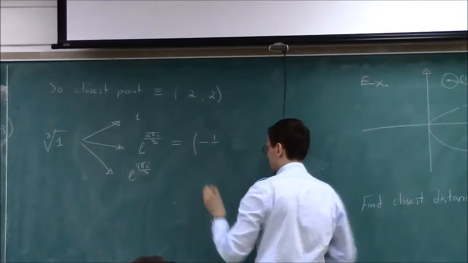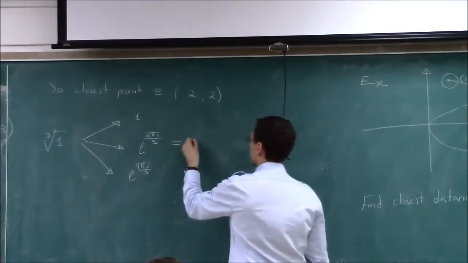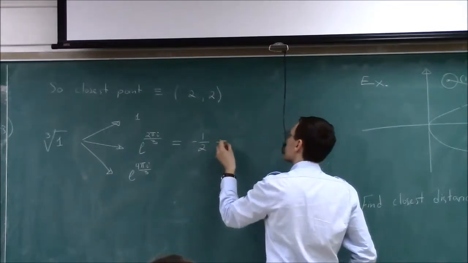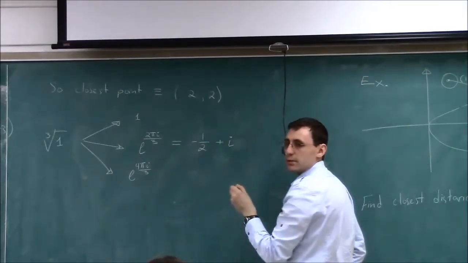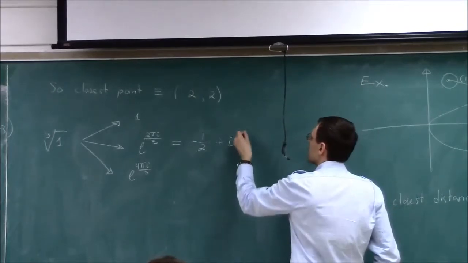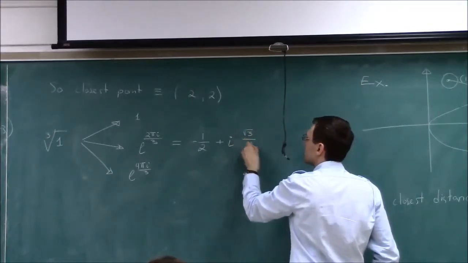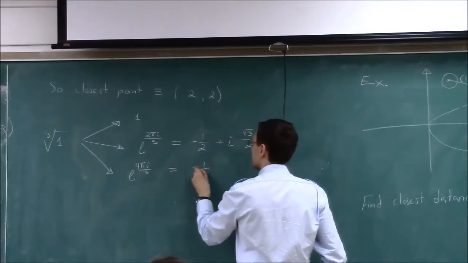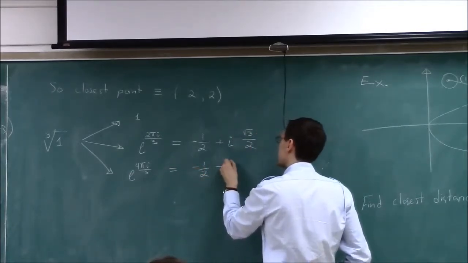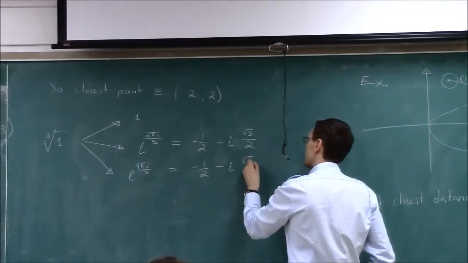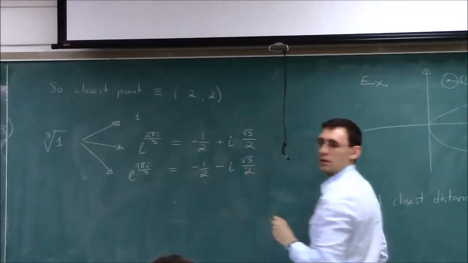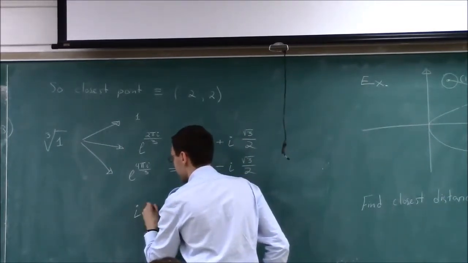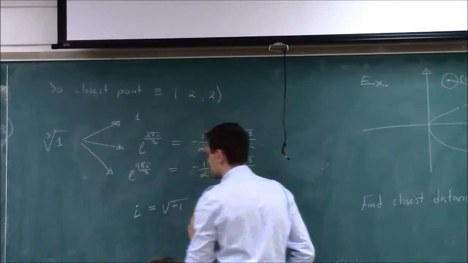So the number is minus 1/2 plus i, which is the square root of minus 1, times root 3 over 2. And the other one is minus 1/2 minus i square root of 3 over 2. What's i? It is the root of minus 1.